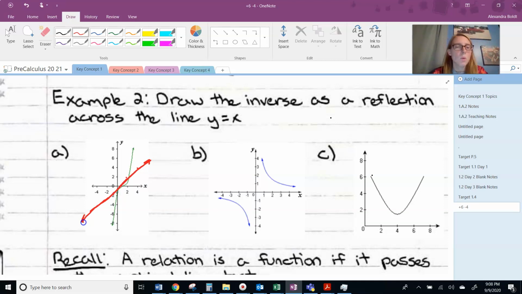Make the line, and basically you want to think about folding that function. It should go through (0, 0). That's a better line. Folding that function over that line. Since it comes down like this, it's also going to go the same direction that way.